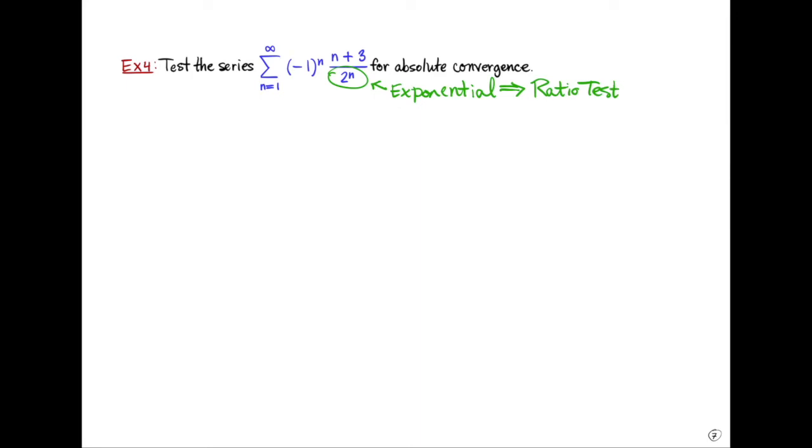And just like any of these tests, you want to treat it like it's an essay. So you want your intro, your argument, and your conclusion. So our intro, we name our test. We'll use the ratio test. And our argument, we want to find the limit as n goes to infinity of the absolute value of a sub n plus 1 over a sub n.